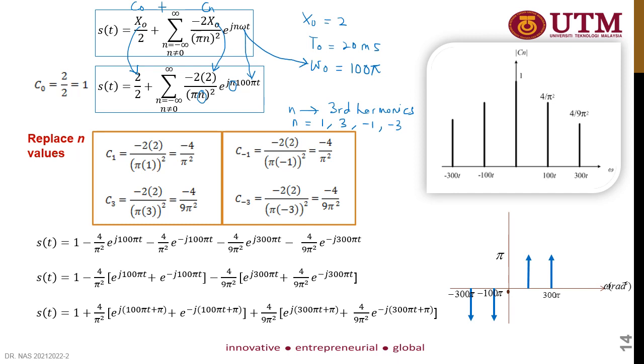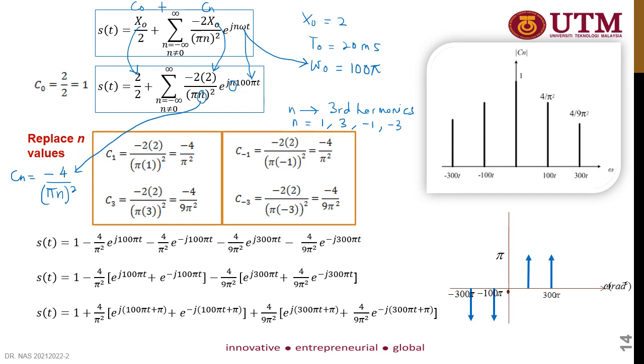So Cn equation is Cn equal to -4 divided by pi n squared.